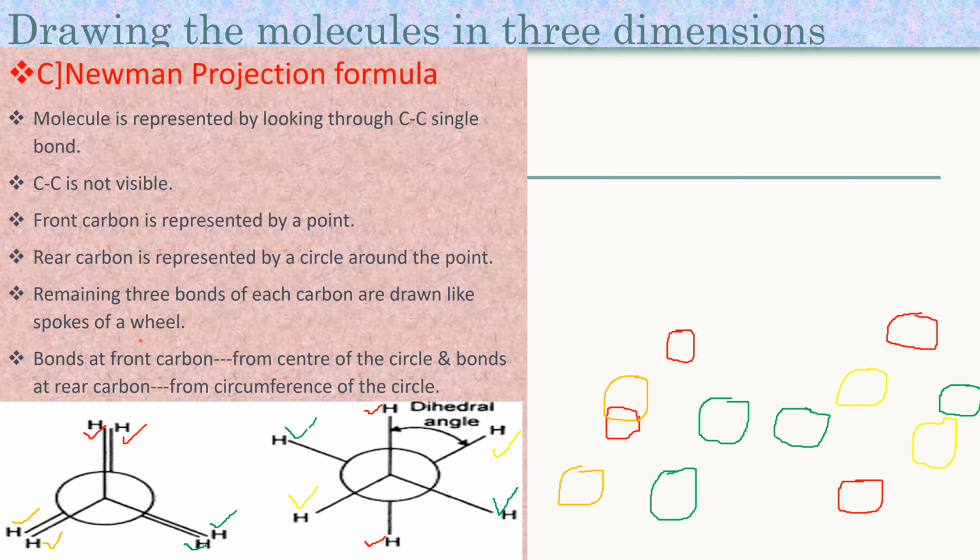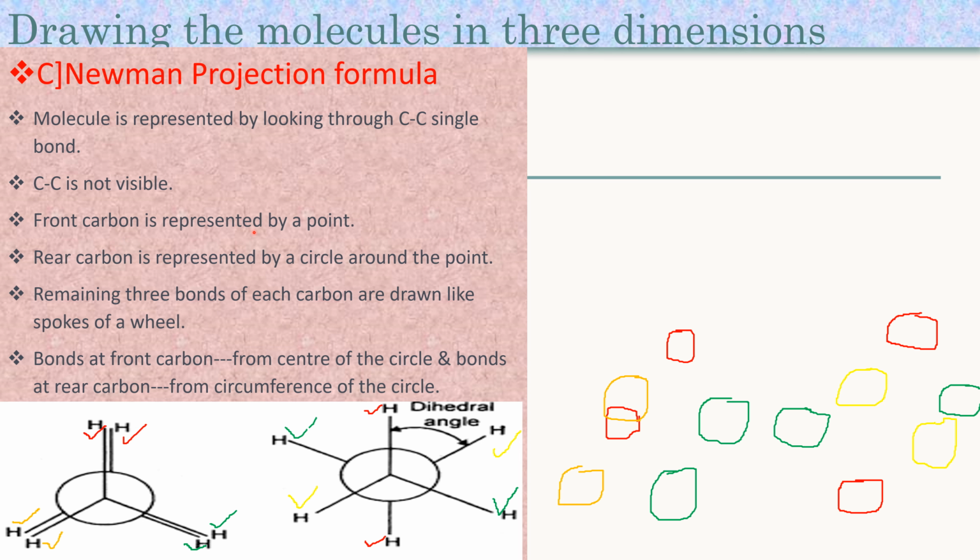It is not visible because we can see only the front side carbon atom and the hydrogen atoms or any other groups present on it. So therefore the carbon-carbon single bond and the rear carbon atom, or backside carbon atom, will not be visible to the viewer, or to us.